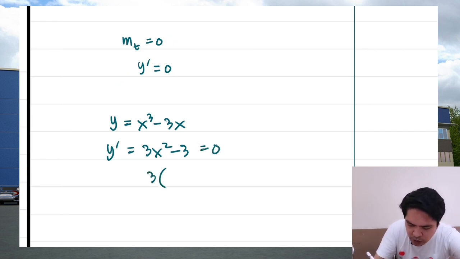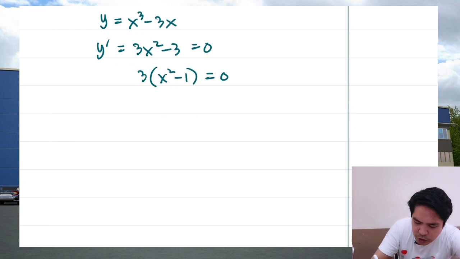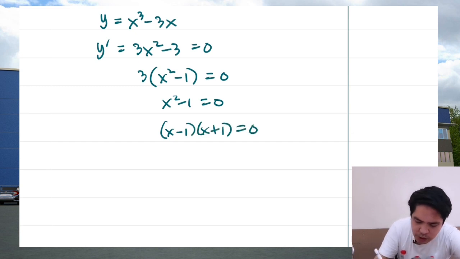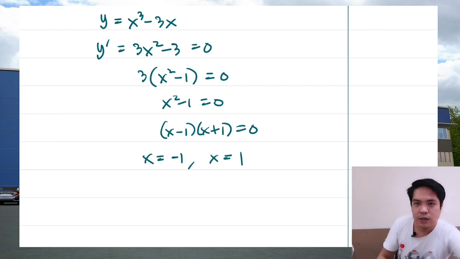So we have 3 times x squared minus 1 equals 0. So therefore, we have x squared minus 1 equal to 0. Or we have x minus 1, x plus 1. So we have x is equal to negative 1, and x is equal to positive 1.